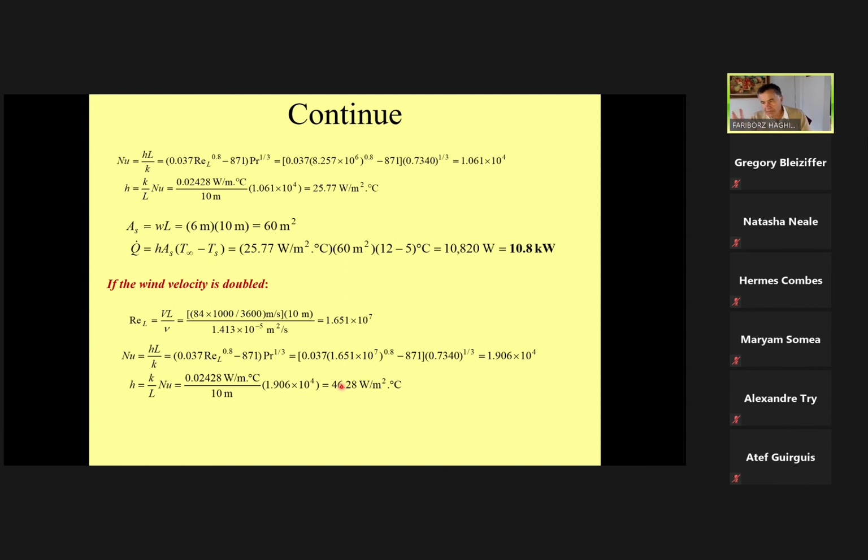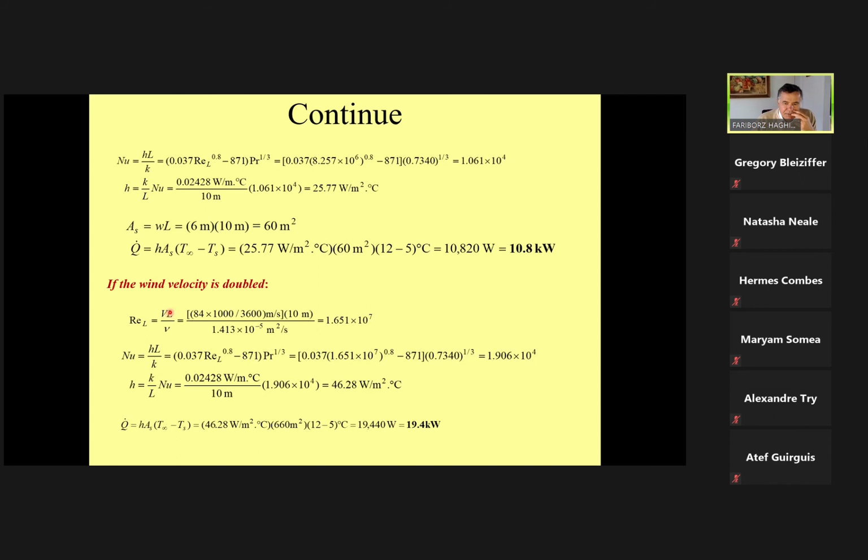Just for curiosity, because I don't have the calculator here, I have a good excuse, can you calculate the critical length for me? What that means, if I put the Reynolds number at 500,000, I want to know, in this case or the previous case, what is the critical length?